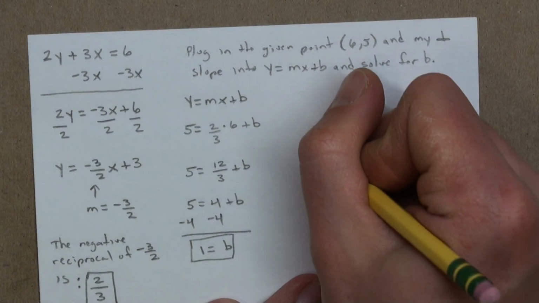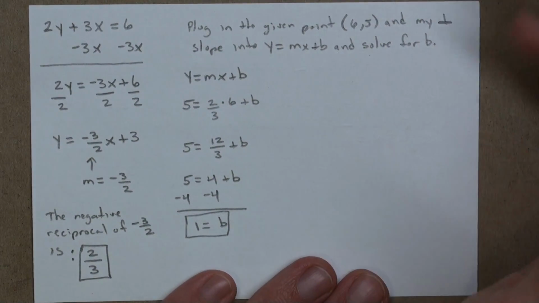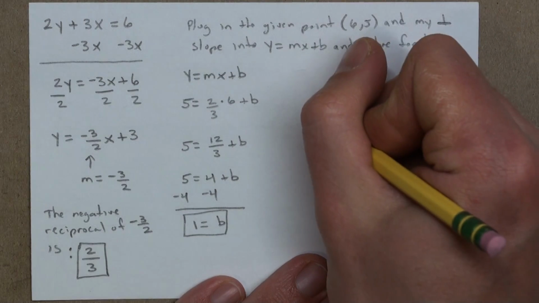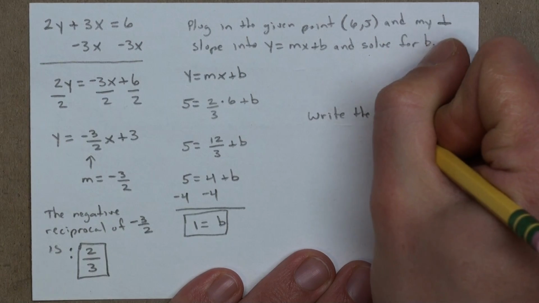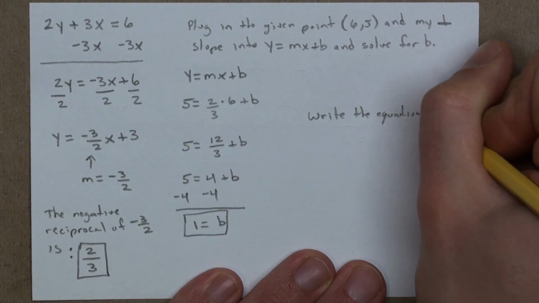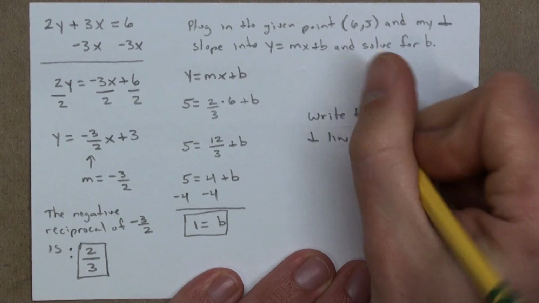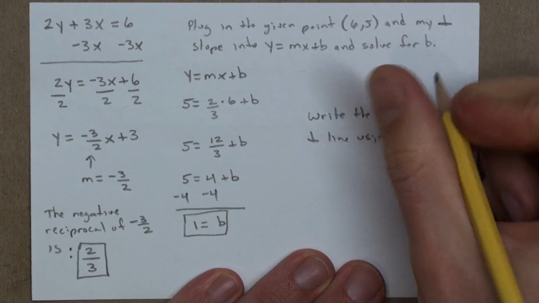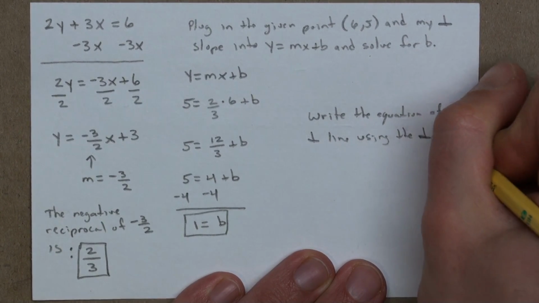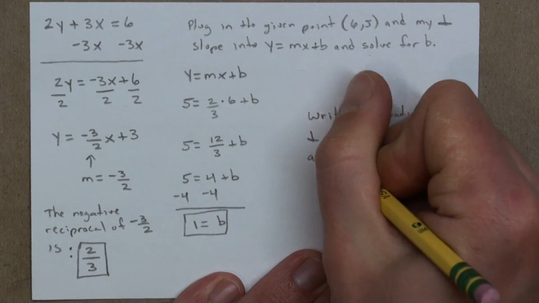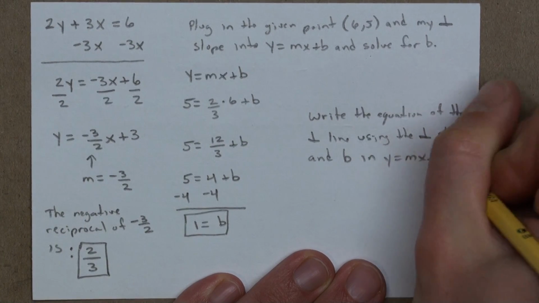So now write the equation of the perpendicular line using the perpendicular slope and b in y equals mx plus b.